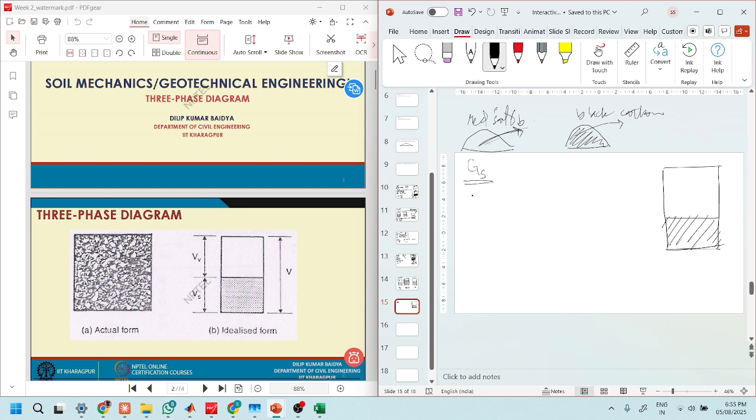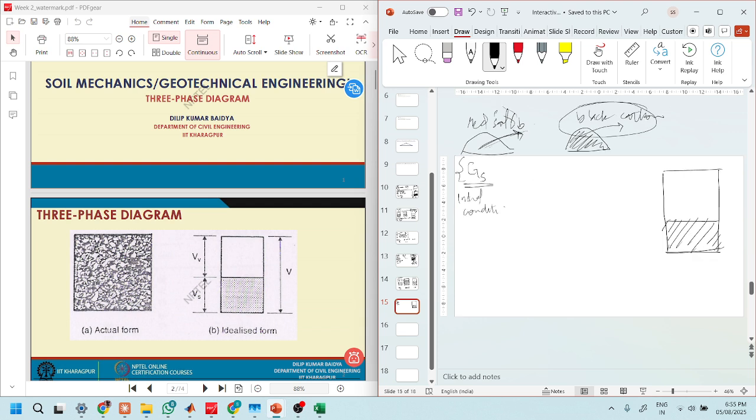For the initial conditions of the soil, how much it is compacted. This will be the volume of solids. This will be the volume of fluids.